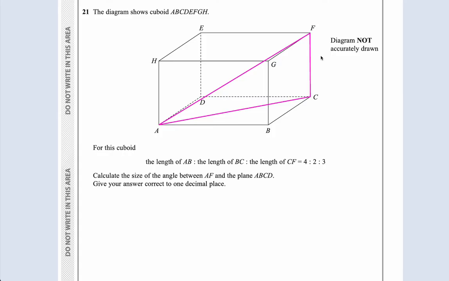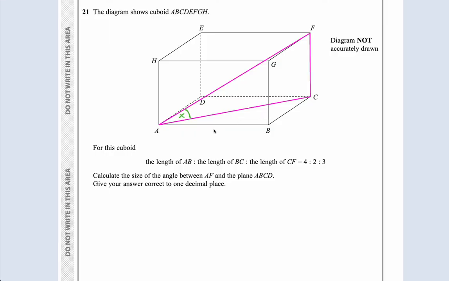So the angle he's looking for is this one, because this is the angle that the line AF makes with the plane ABCD. So the plane is kind of like the bottom of the box, if you want to think of it like that. So he's looking for this angle, let's call it X.